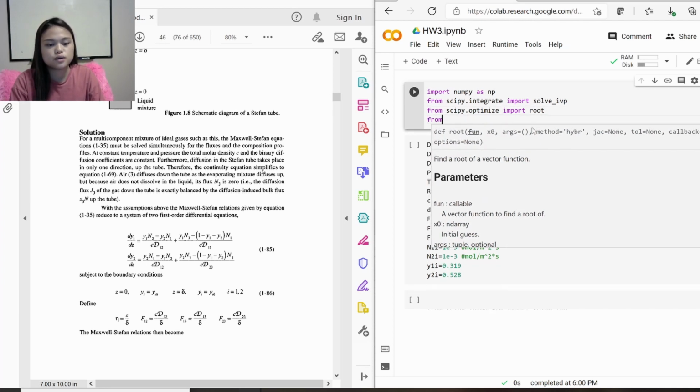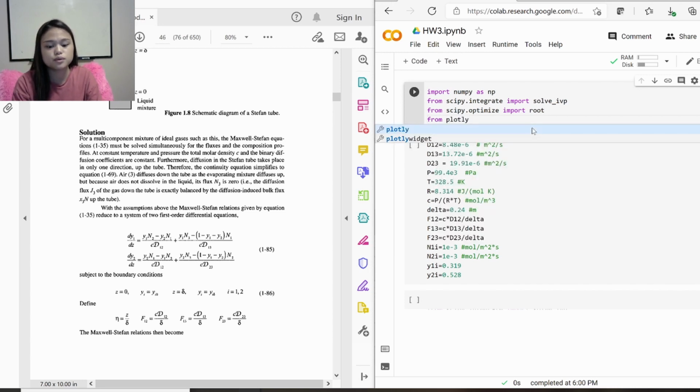So now we want to use Plotly because we want to be able to plot the mole fractions in relation to the distance, and this will allow us to plot them side by side.